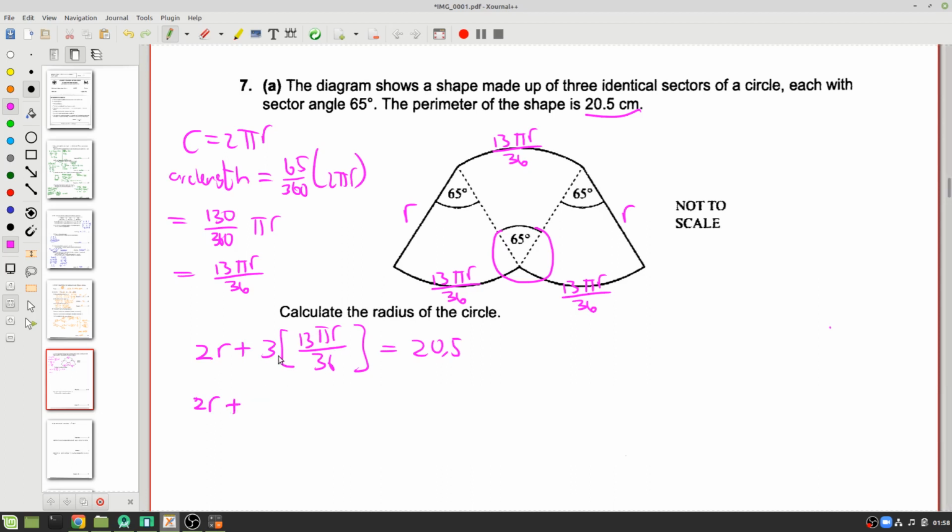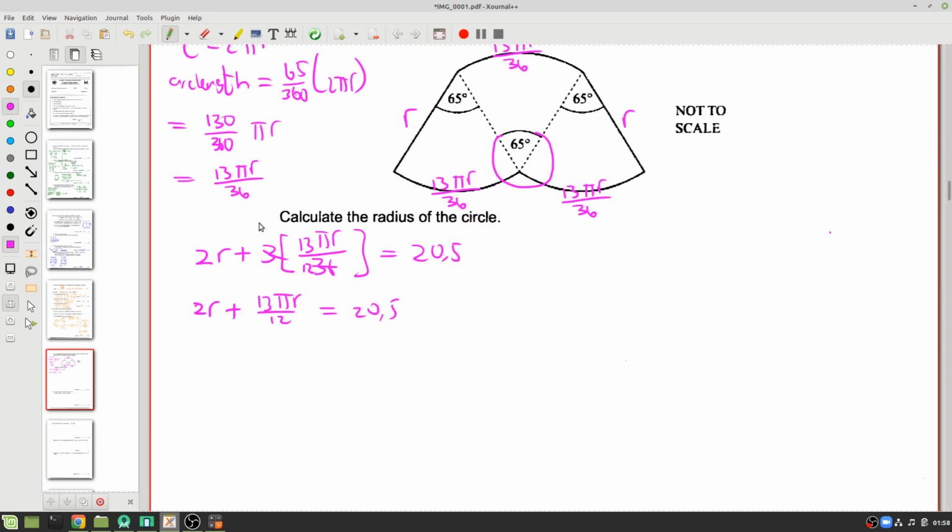Let's multiply this in. So the 3 and the 36 will cancel out and make that a 12. So we just have 13 pi r over 12 equals 20.5. Now we can factor out an r as a common factor here. So we can take out an r, and what's left?